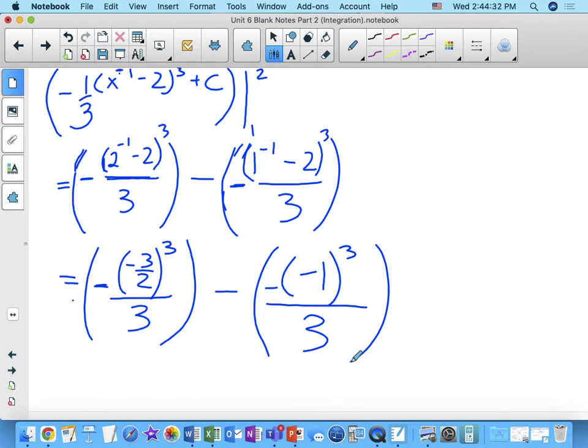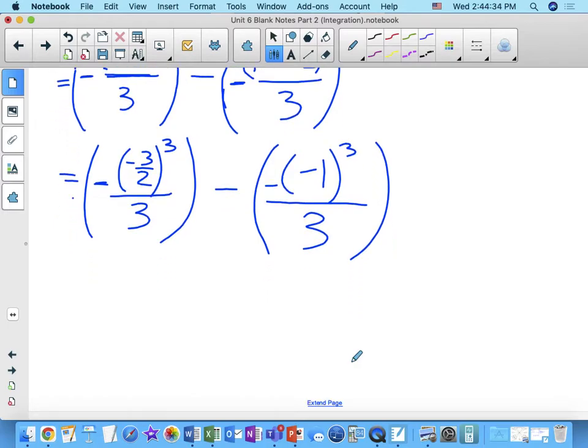All right. We're good so far? Yep. Okay, so this is going to be negative, negative, right? Well, let's leave the negative in here first. So 3 cubed is 27, 2 cubed is 8, and negative, negative, negative is negative.